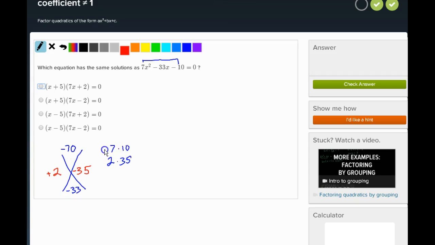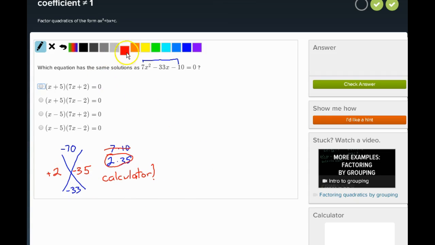So you might have to go through a list until you figure out what two numbers actually work. Calculator is very useful. If you couldn't figure out how many times 2 goes into 70 really fast, if you punch it in a calculator, it will tell you. So use a calculator there.